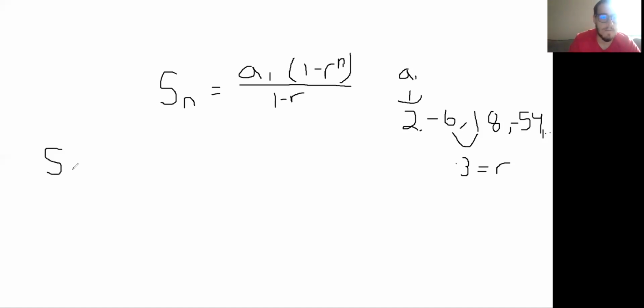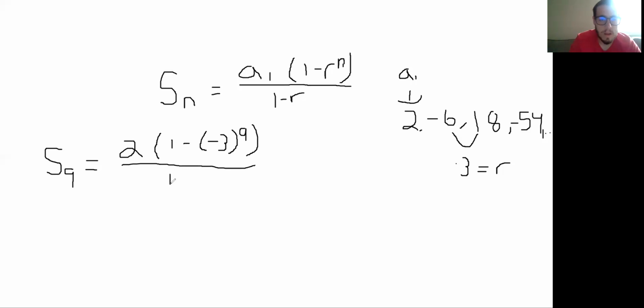The sum of the first 9 terms is going to be A1, which is 2, times 1 minus -3 to the 9th, divided by 1 minus -3.